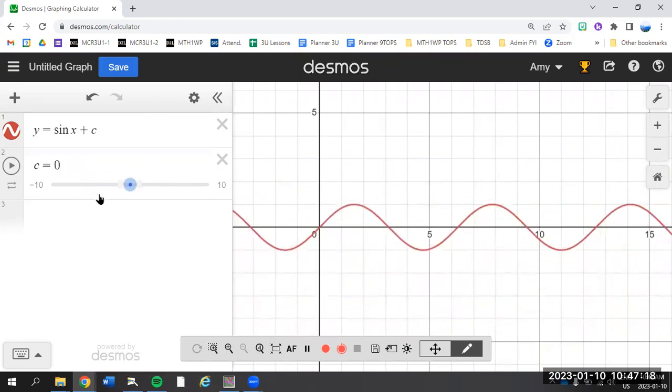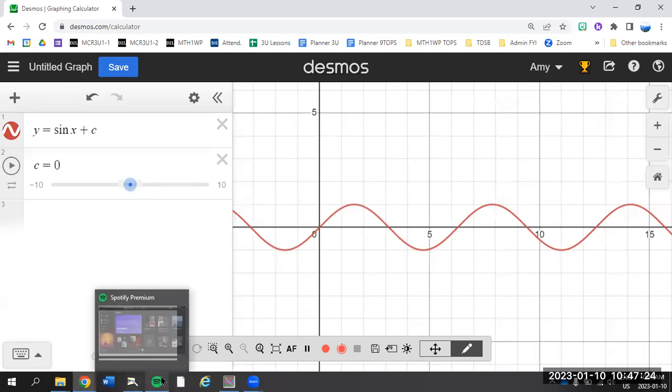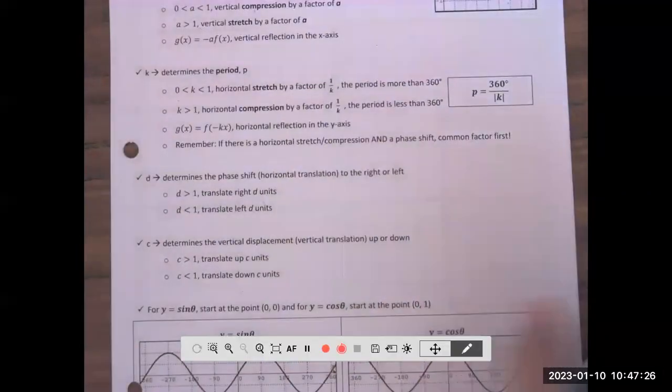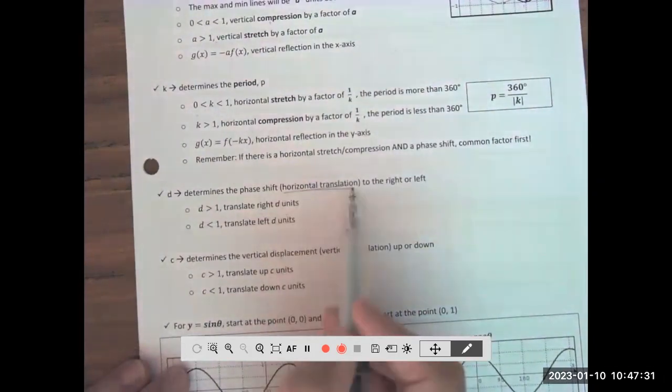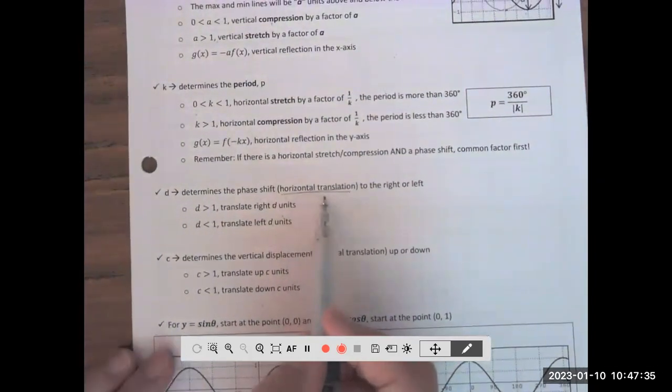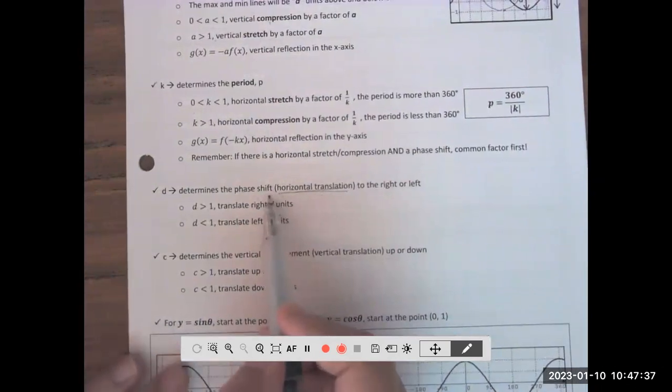So for whatever reason, when we talk about trig functions, we actually have different names for these types of translations. So here, a phase shift is the same as our horizontal translation. So when we have a D value change, we also call this a phase shift.